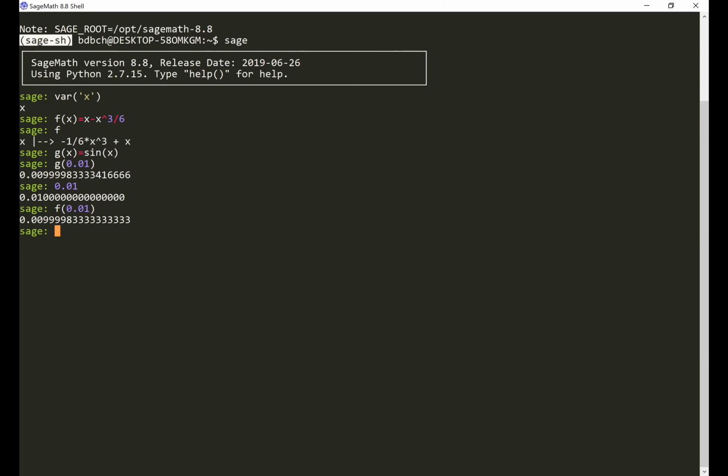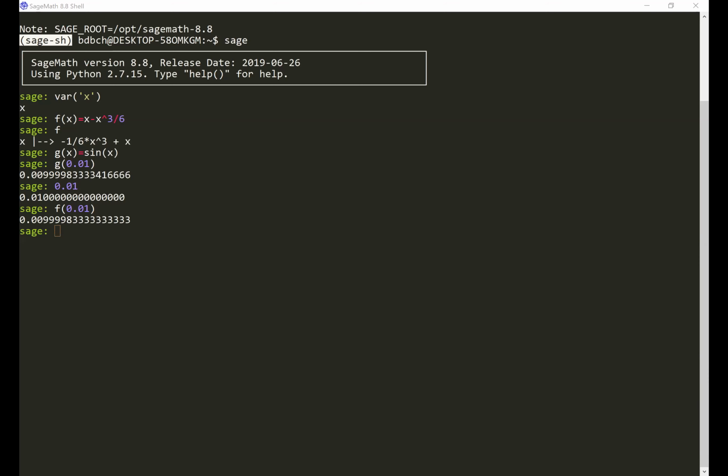Which is a better approximation? You see, the function value f is closer to the function g than just the x term, which is actually 0.01. So we get a better approximation by L'Hopital's rule.